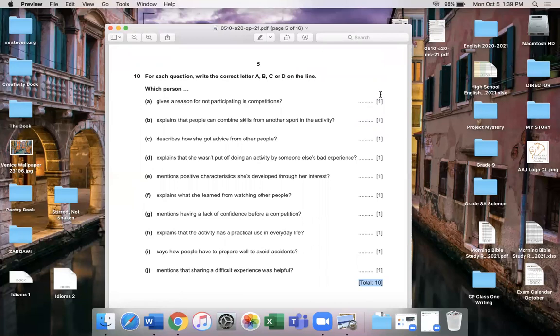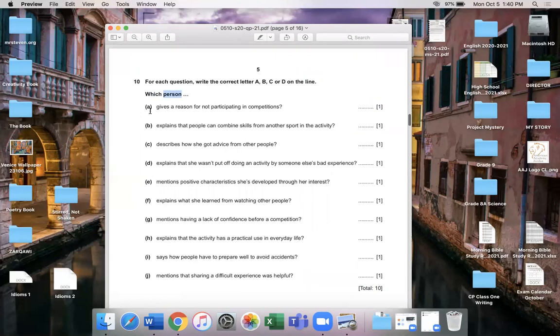That means each question is worth 1 point. And there's no ambiguity in this exam. It says for each question, write the correct letter A, B, C, or D on the line in tandem with the person. So for example, it says, gives a reason for not participating in competitions.